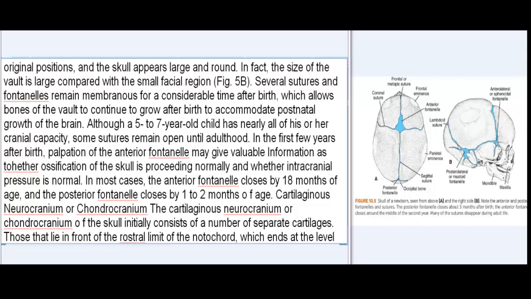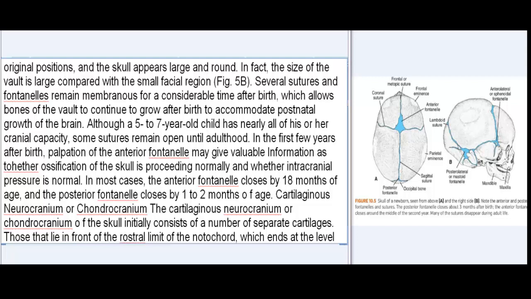In fact, the size of the vault is large compared with the small facial region, Fig. 5b. Several sutures and fontanelles remain membranous for a considerable time after birth, which allows bones of the vault to continue to grow after birth to accommodate postnatal growth of the brain. Although a 5 to 7-year-old child has nearly all of his or her cranial capacity, some sutures remain open until adulthood.